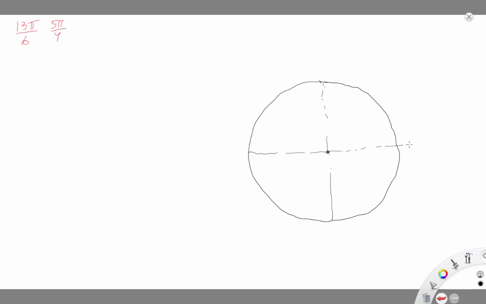This is 0 degrees. And I know that over here I have pi. Halfway around the circle, I have pi radians. And if I go fully around the circle, I have 2 pi radians. But how do I find the angles in between?